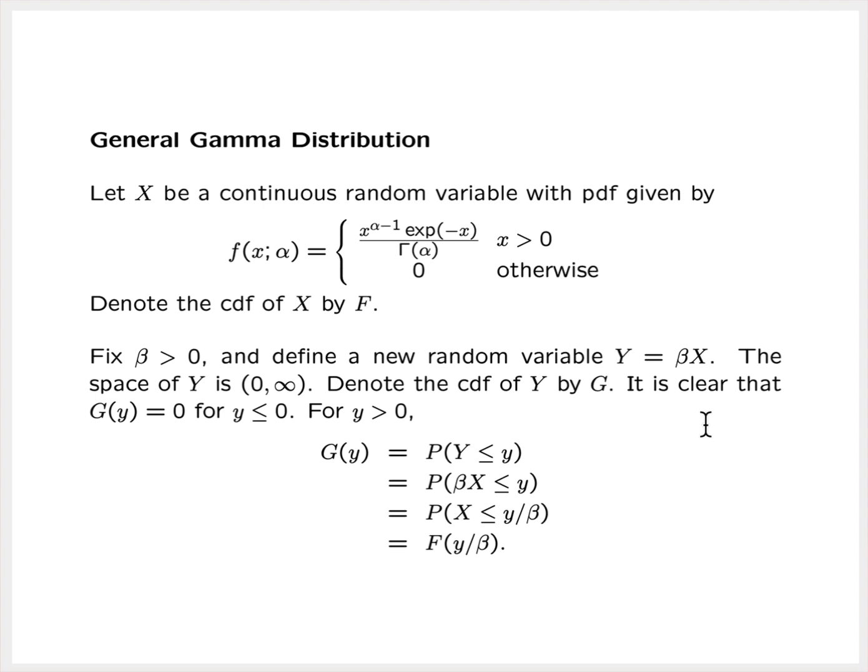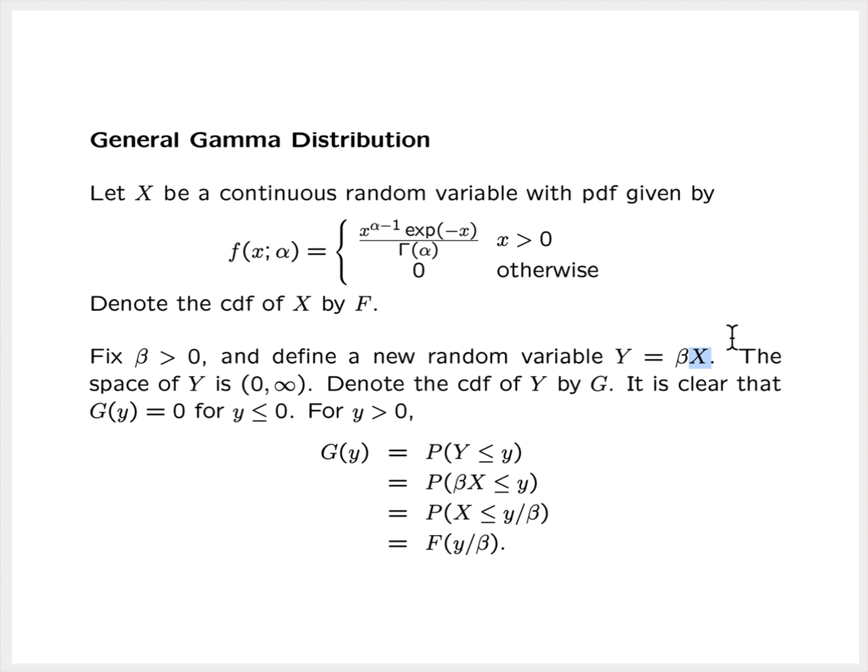In each of those situations, we first looked at a special case of the PDF that was fairly easy to manipulate mathematically because it didn't have too many parameters. Then we generalized those PDFs when we looked at the general exponential distribution and the general normal distribution. And that's what we're doing here. So we've defined a new random variable, y, in terms of the random variable that we've been looking at up to this point.